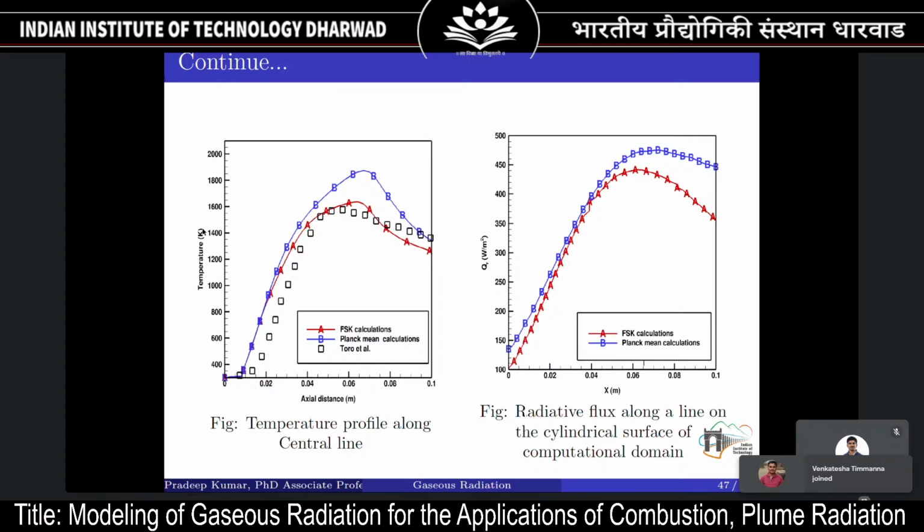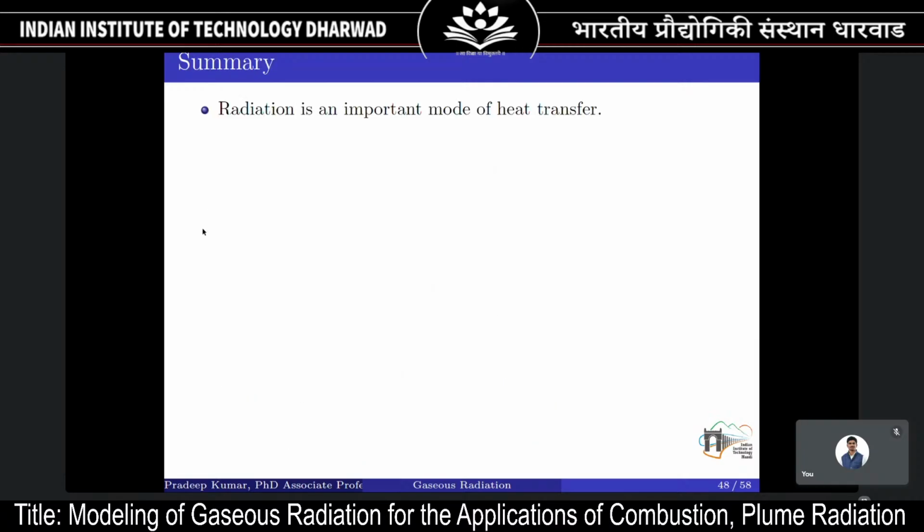This is by experiment, this is the Plume, and this is the FSK. FSK reduces the peak temperature by 100 to 200 degrees, and we are also getting heat on the cylindrical surface, and the heat is also different on the cylindrical surface between these two property models of radiation.